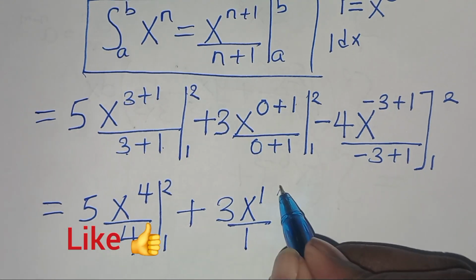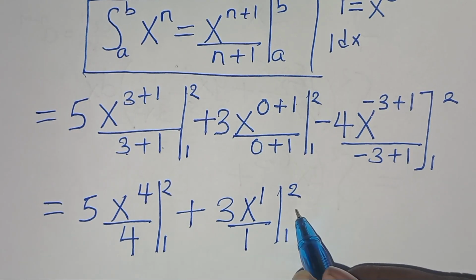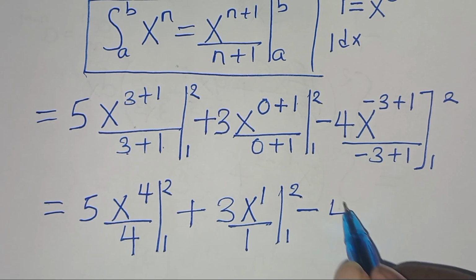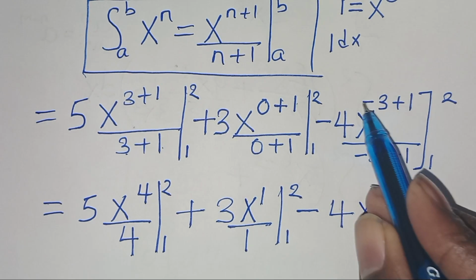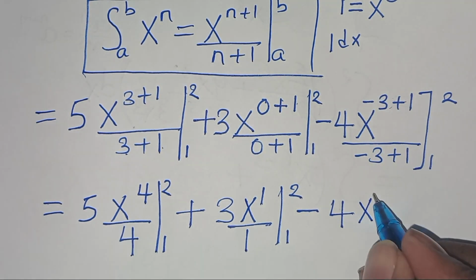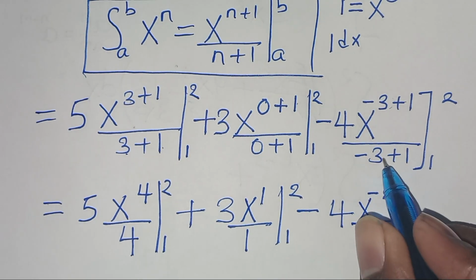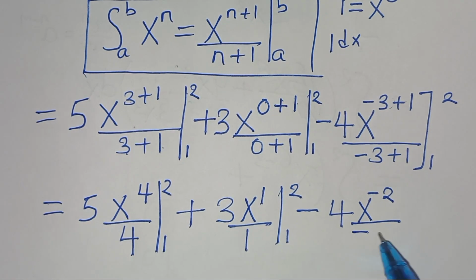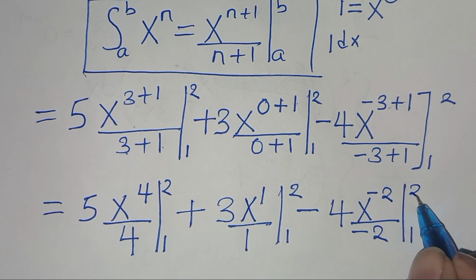Okay? Then the limit from 1 to 2. And then subtract 4 times x^(-3+1), this is x^(-2), over negative 3 plus 1, this is minus 2. And then the limit from 1 to 2.